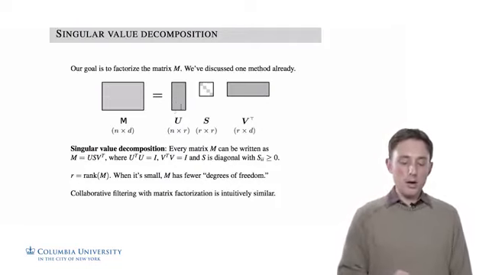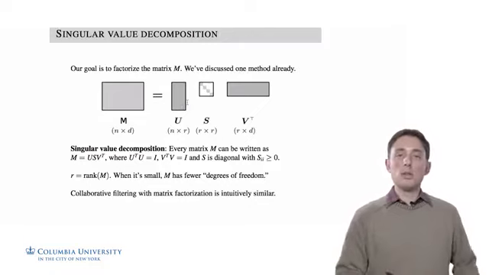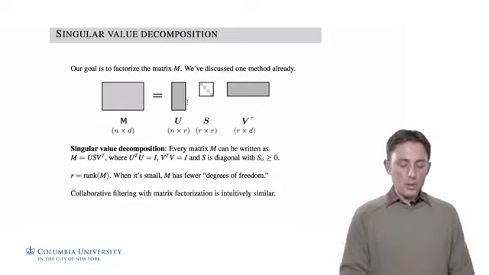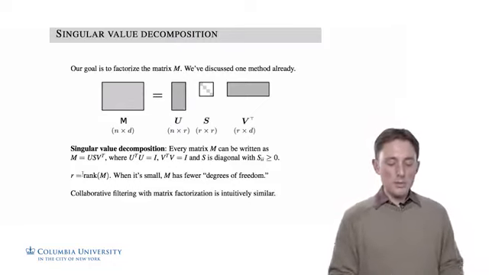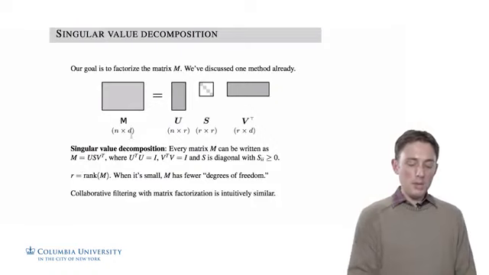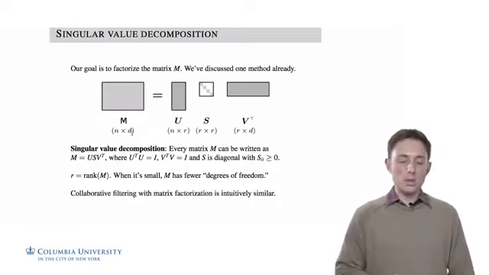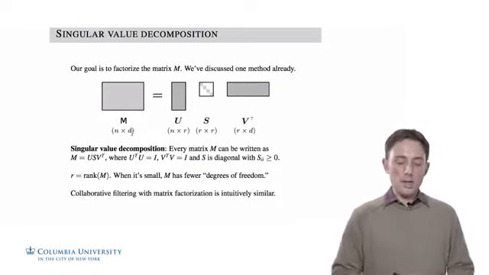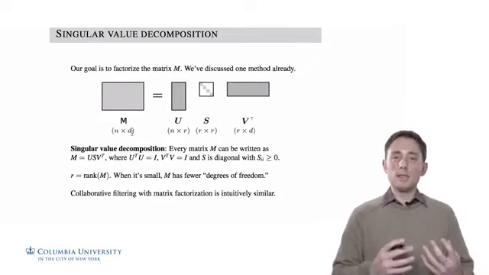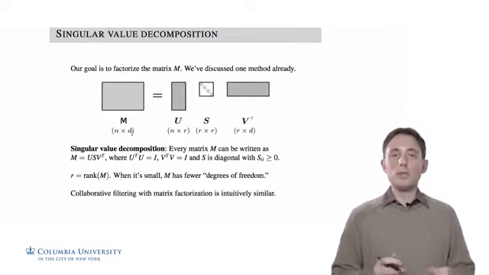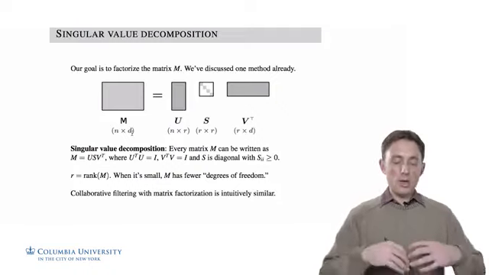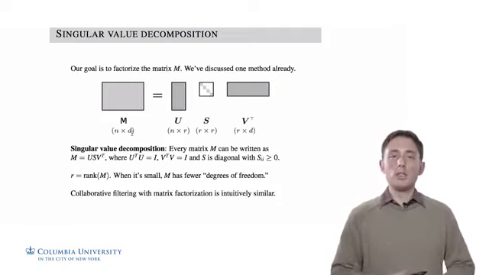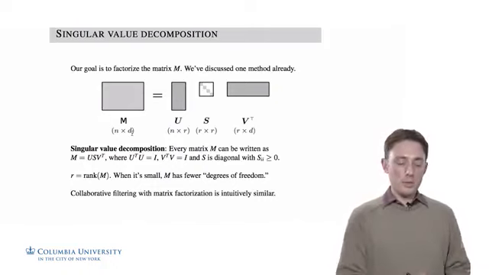We have an n by R matrix where R is less than n. So when the rank R is smaller than the minimum of the number of rows or columns, when it's much smaller, then in a sense what that's saying is that the matrix has fewer degrees of freedom. So a low rank matrix factorization can restrict the degrees of freedom of how many different types of things we can model in the matrix M.